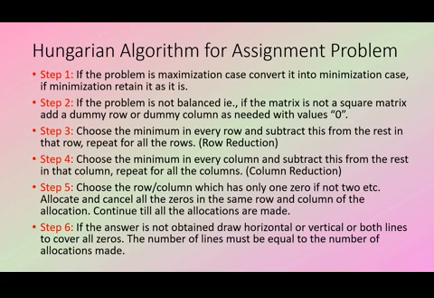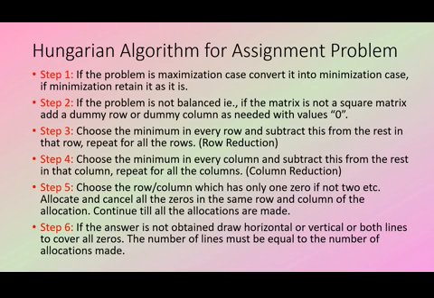If we have only one 0, then cancelling will not arise. But if you have more than one 0, then one of the zeros will be allocated and the remaining zeros in the same row or same column will be cancelled or crossed out. This process will be continued till all the allocations are made.